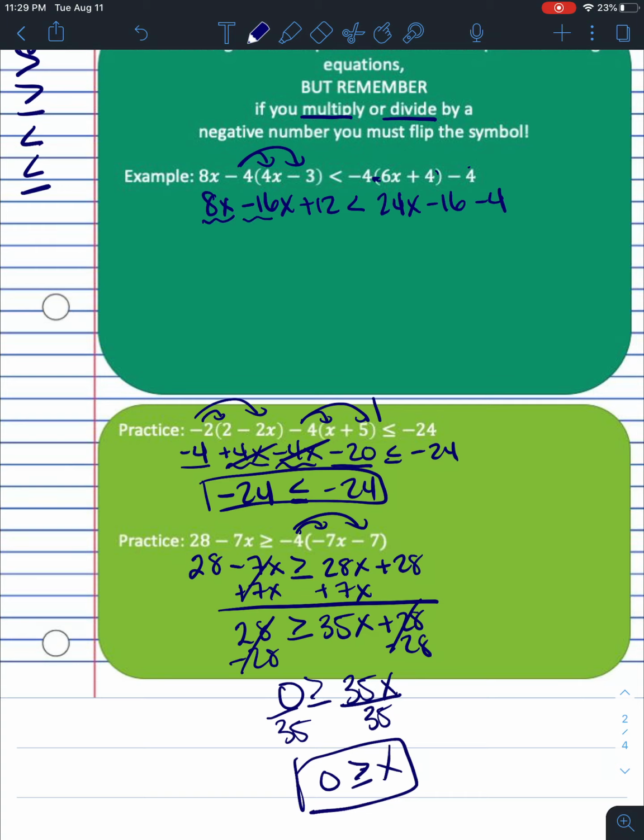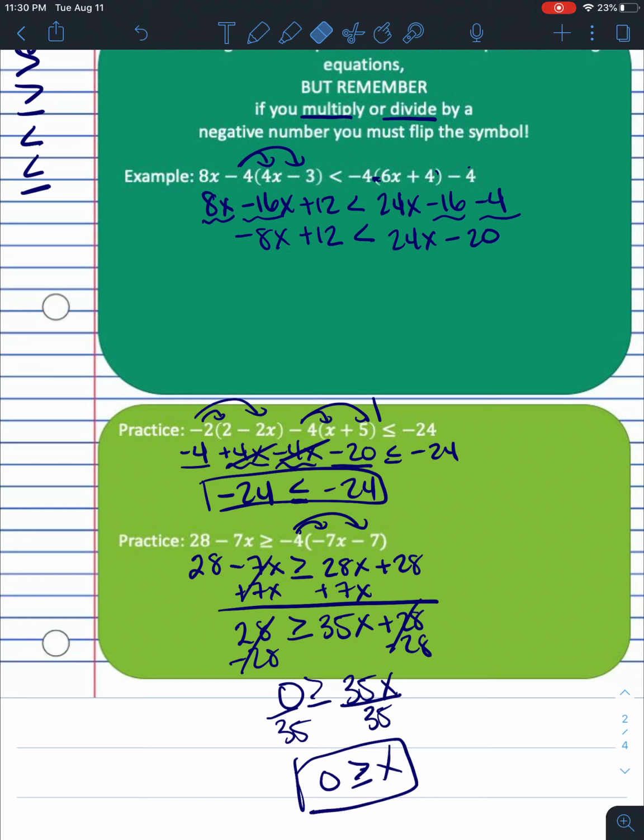All right, so let's combine our like terms. We have negative 16 and 8. So this is going to be 8 minus 16 is going to be negative 8x plus 12 is less than, we have like terms over here we need to combine, so 24x minus 16 so minus 20, right? And now we want to get our variables together and then solve. So I'm going to go ahead and add my 8x.